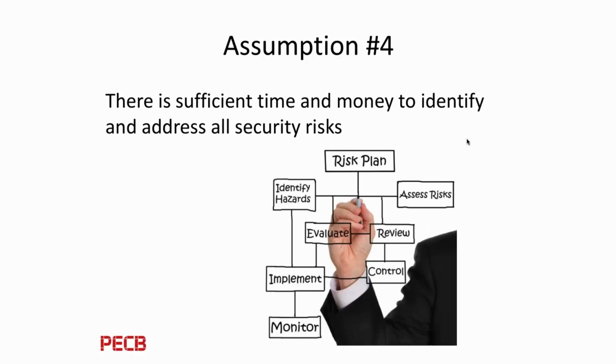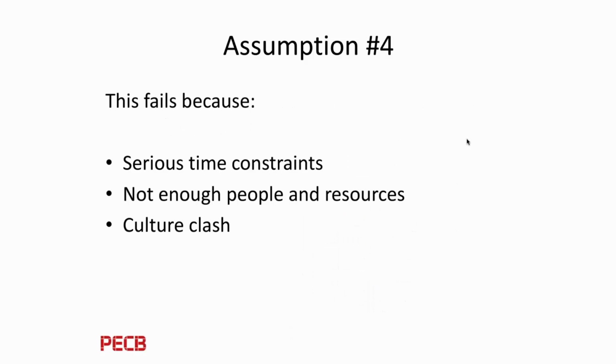And the last assumption is that there is sufficient time and money to identify and address all of the security risks. What we normally do, what we are used to, is doing a very detailed risk assessment, identify all the risks, and then write a risk treatment plan for all the risks as a whole. But that time is not available, and the money is not available to do that within an agile development project. Again, because you have serious time constraints, you have to do a short cycle time.